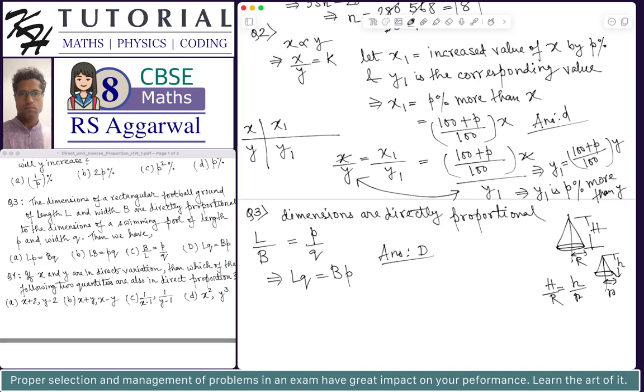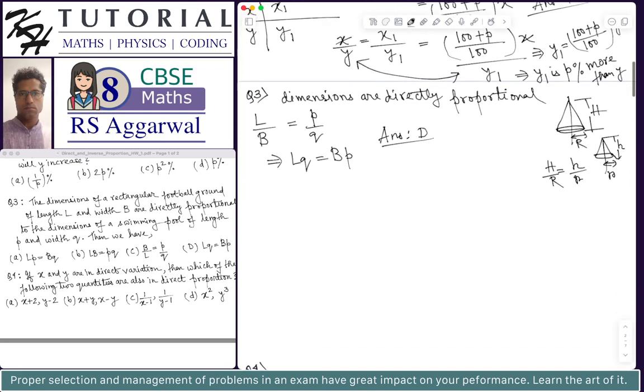If one is a cone, the other one is a cone, like this. Now, when the dimensions of two figures of similar shape are given to be directly proportional, it means that the ratio of the dimensions of one figure is equal to the ratio of the dimensions of the other figure. So for this problem, the dimensions are length and width. So the ratio of length and width of the football ground should be equal to the ratio of the length and width of the swimming pool.